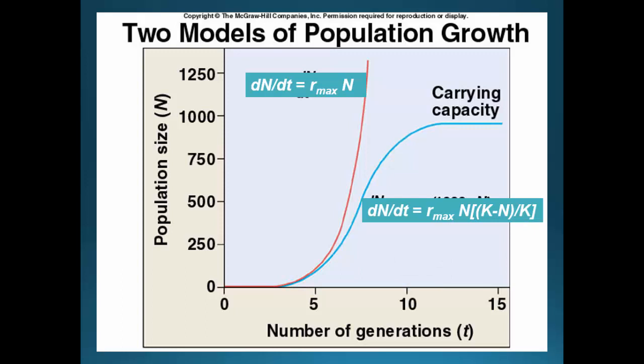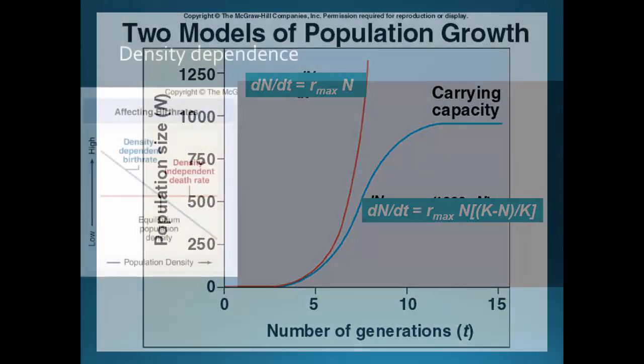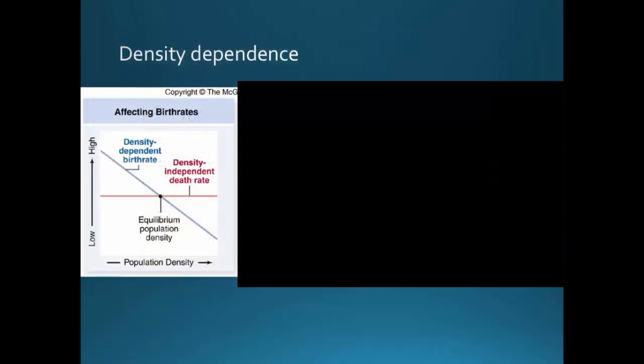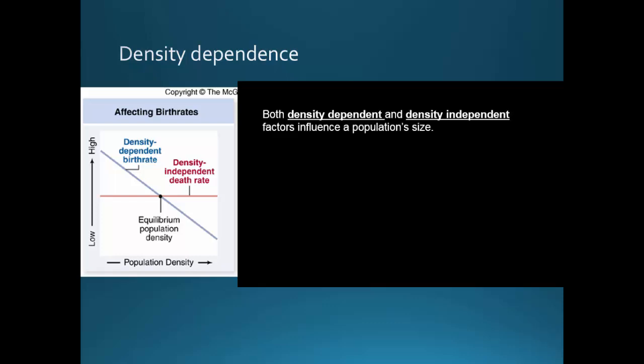One thing to point out here is that at carrying capacity, every individual is just barely getting by. There's no surplus of resources, and things are pretty tight. Density dependence and density independence are terms that students frequently get confused. Both density-dependent and density-independent factors influence a population's size. However, density-independent factors have equal influence on populations of all sizes.